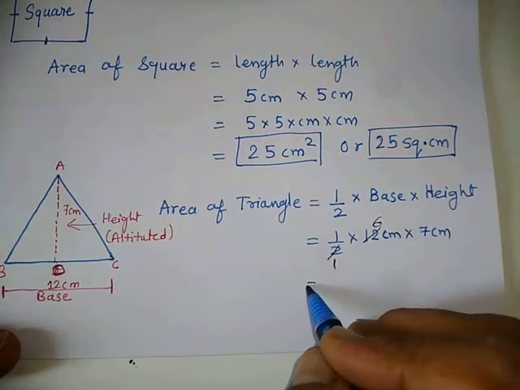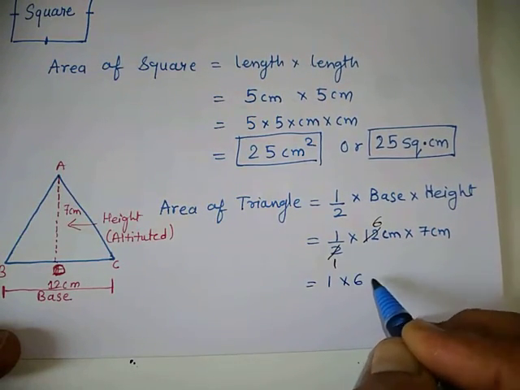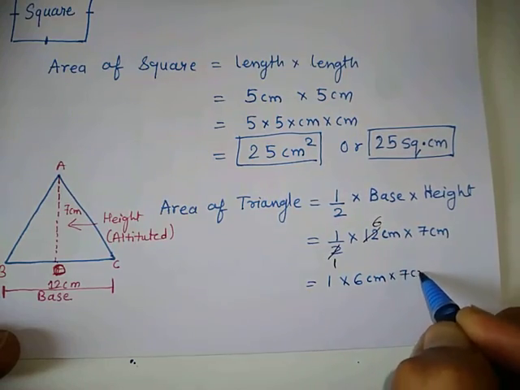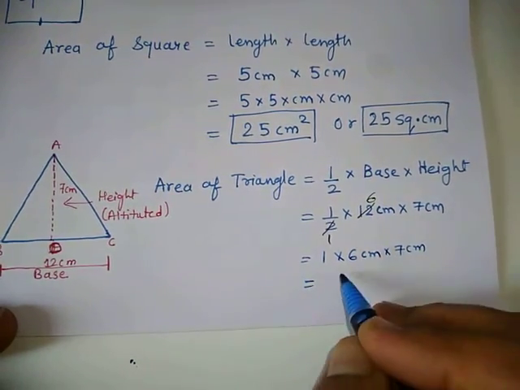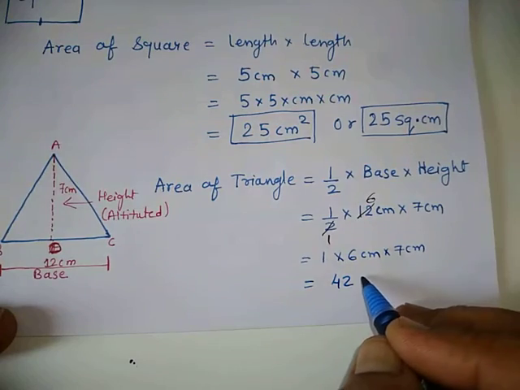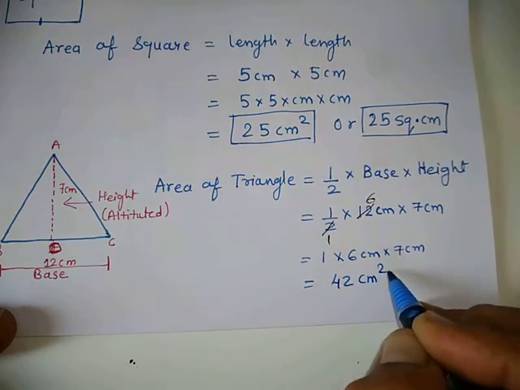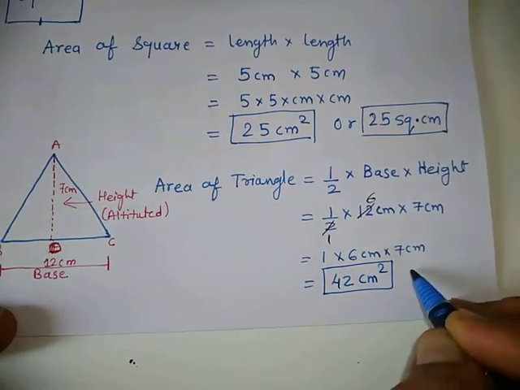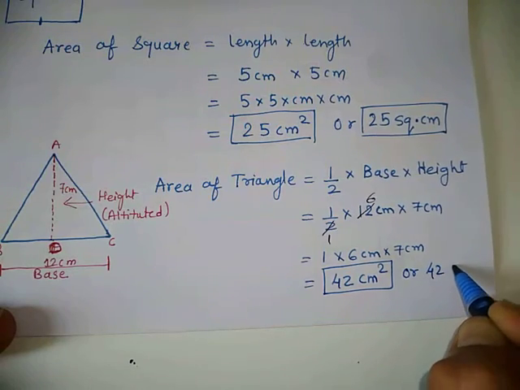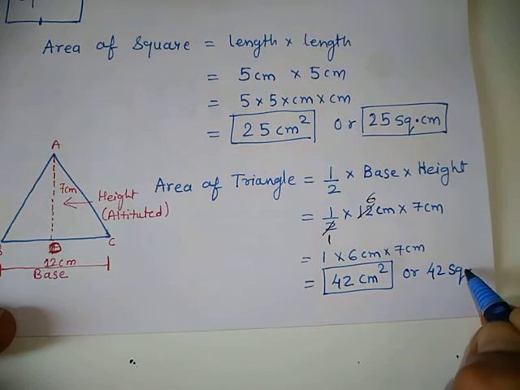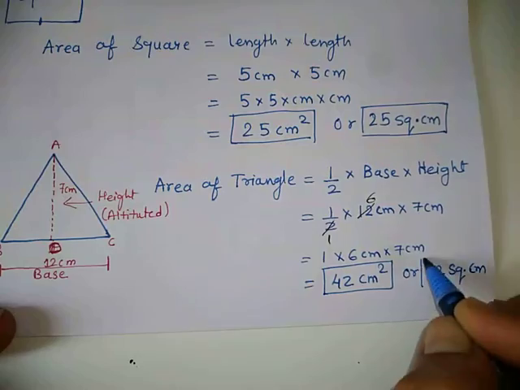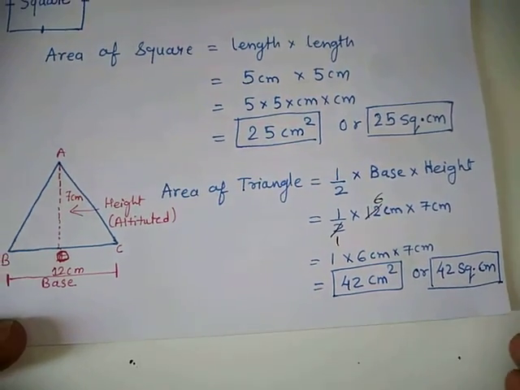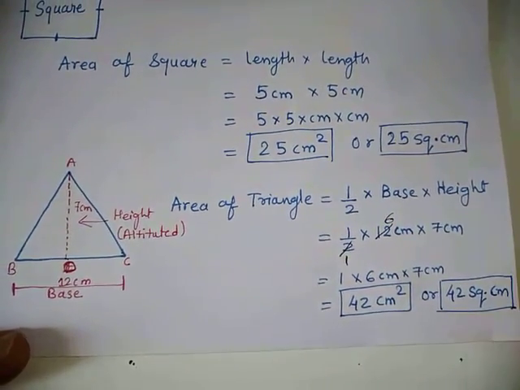So now it will be 1 into 6 centimeter into 7 centimeter. So 6 sevens are 42, into 1 means 42 only, centimeter square, or 42 square centimeter.